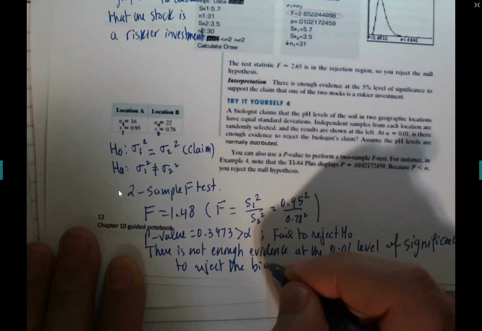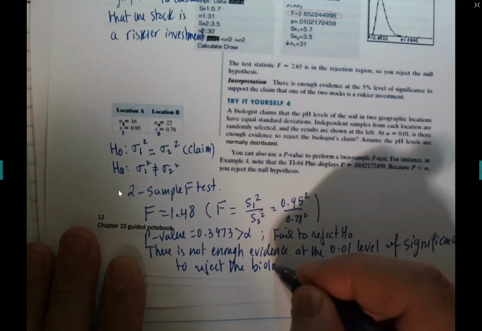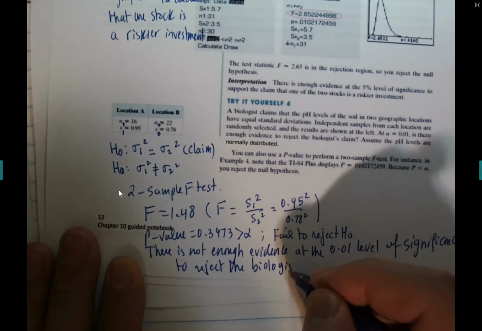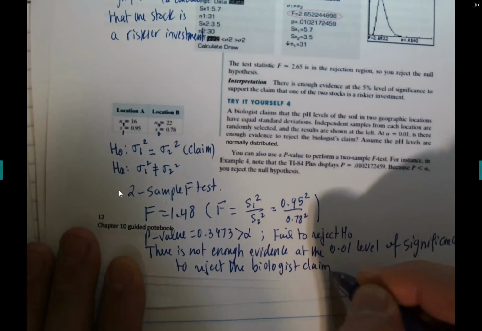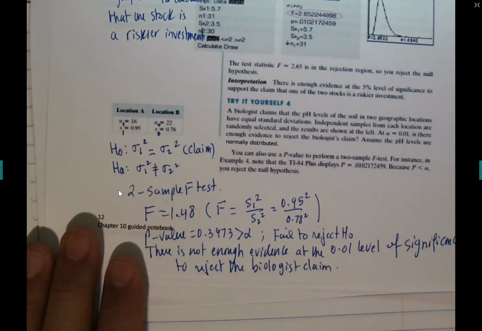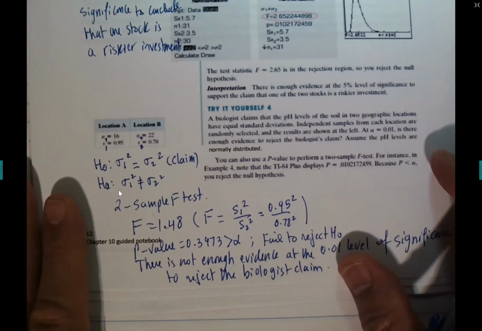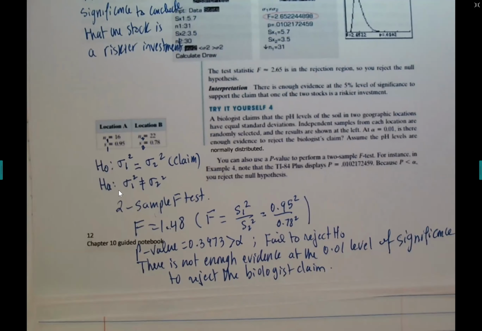And if you ask me why I used the word reject here, it's because the claim is in H0. So we're saying we don't have enough evidence to reject the claim, so the claim could be correct. When you don't reject something, it is possible. You're not saying it's 100% correct, but you're saying probably it is true. There is a chance that it could be true.